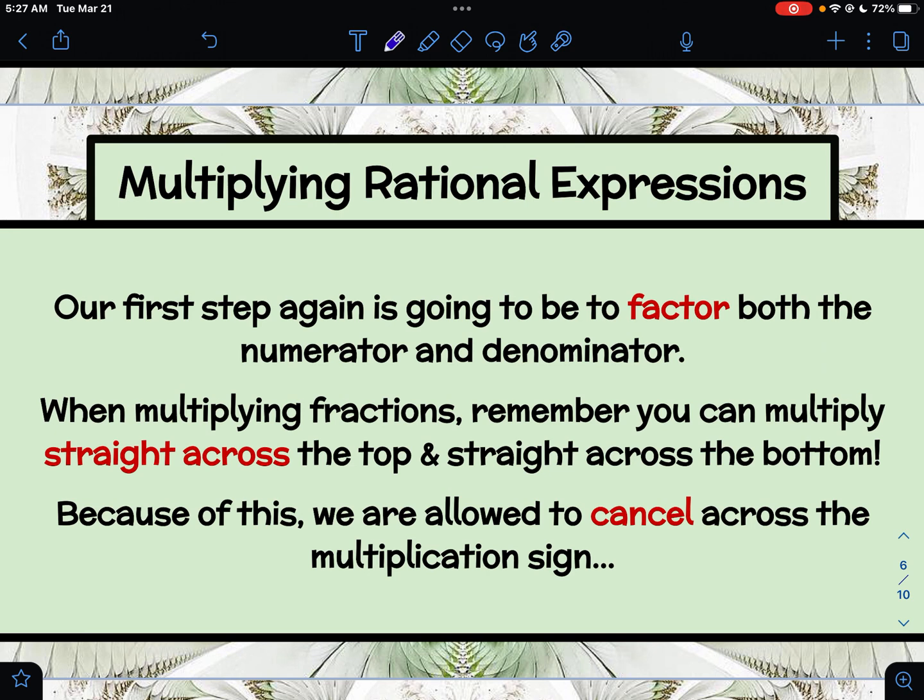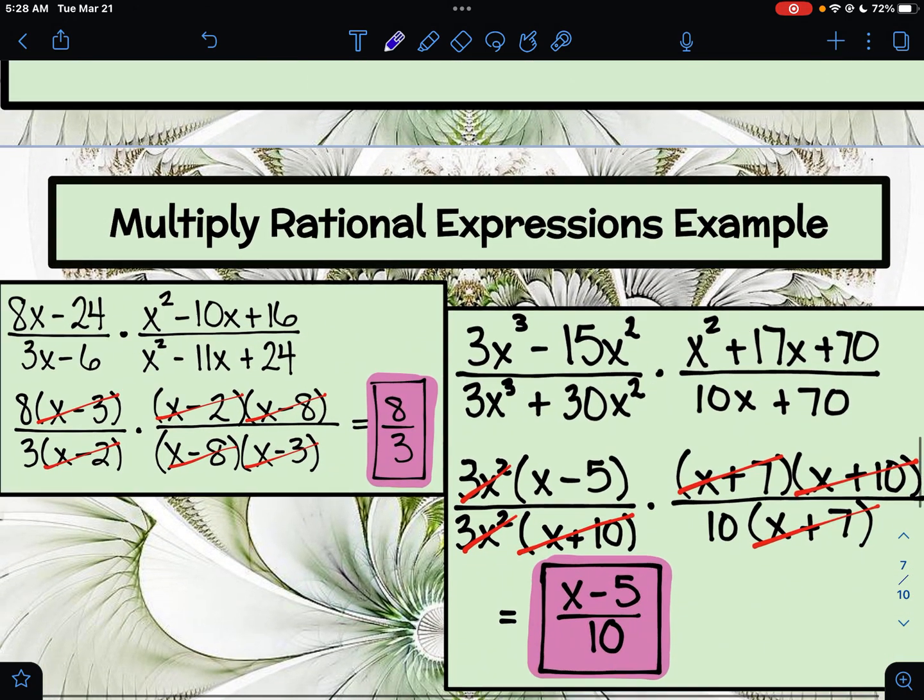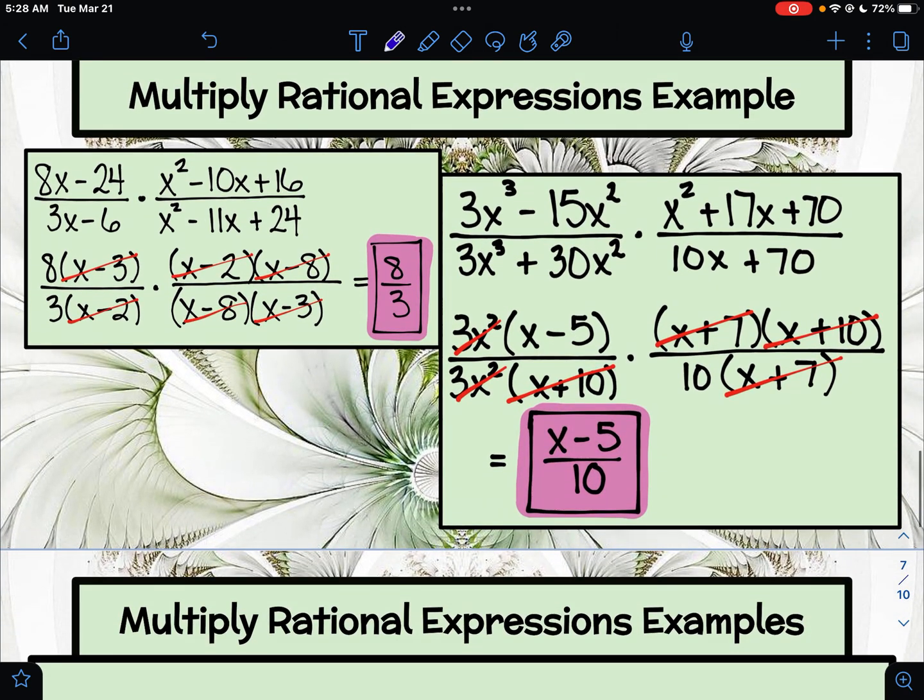When multiplying fractions, remember we multiply straight across the top and straight across the bottom. Because of this, we are allowed to cancel across the multiplication sign. Okay. And here's a couple examples of what that would look like. So if you see here, I have binomials and trinomials mixed in this problem.